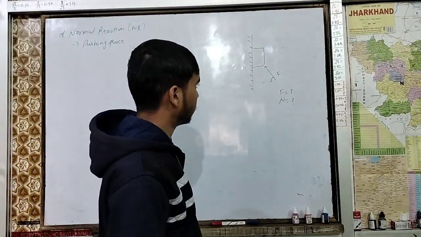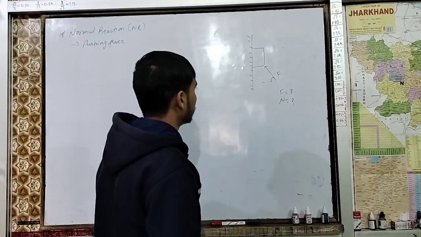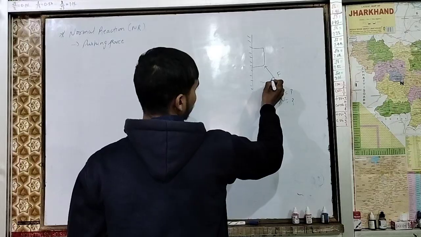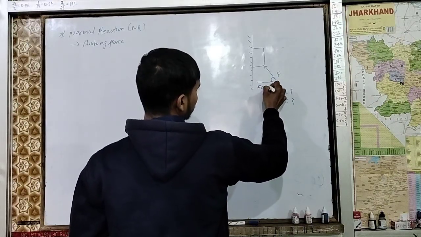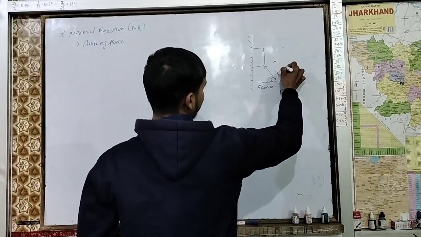Can you bring the components of this F? Yes, we can. The angle is theta, so this will be our F cos theta, and perpendicular to it, this will be F sin theta.